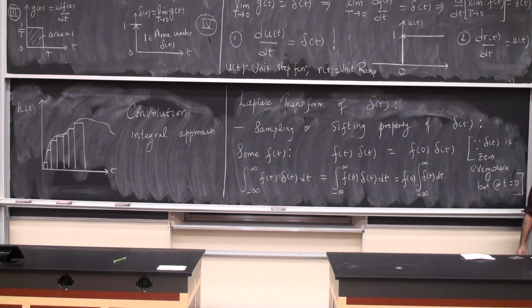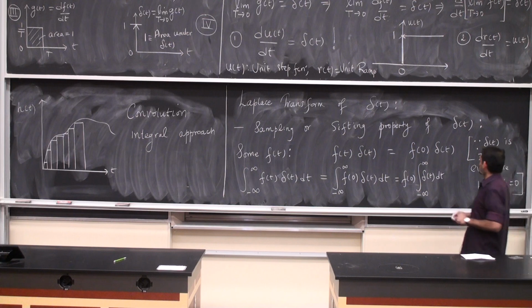What is the integral of delta of t from minus infinity to plus infinity? It's equal to 1. So this is just f of 0.